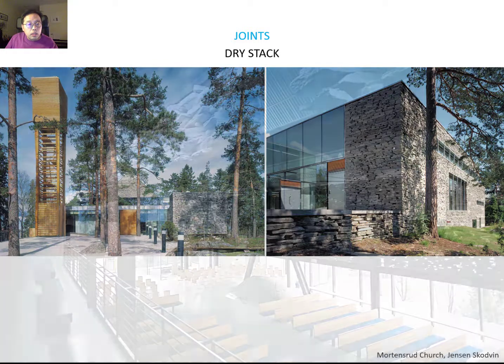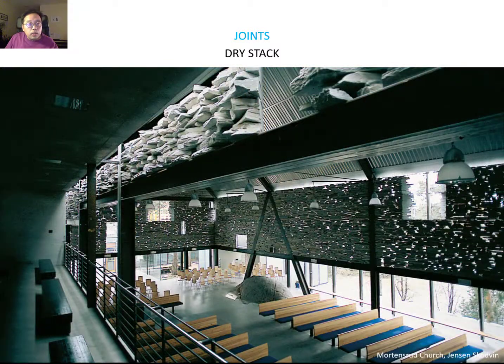When you see the inside, they're using the dry stacking method. Through this dry stacking method, you can see lots of different sizes of perforations, and through these perforations, light is diffused from outside to inside, making a pretty unique atmosphere in the space.